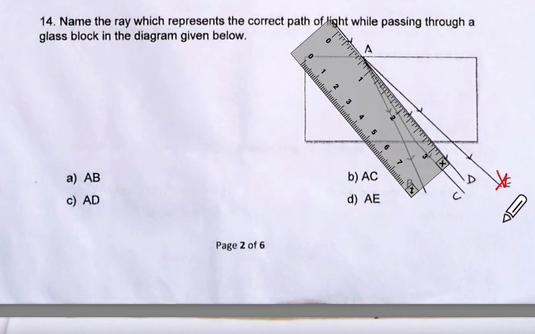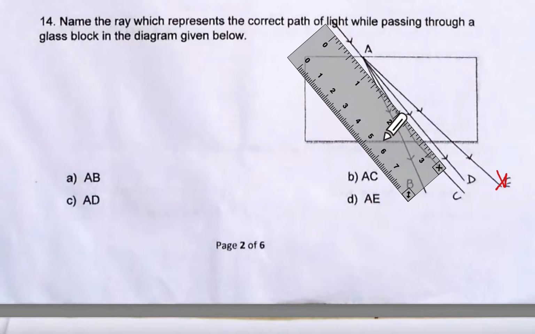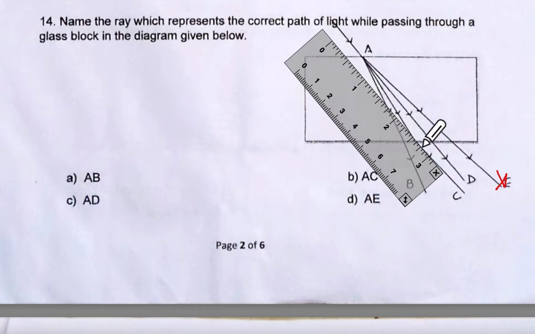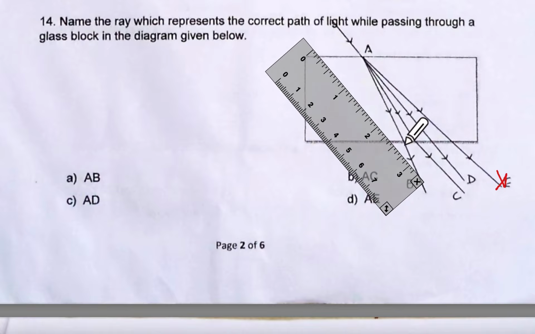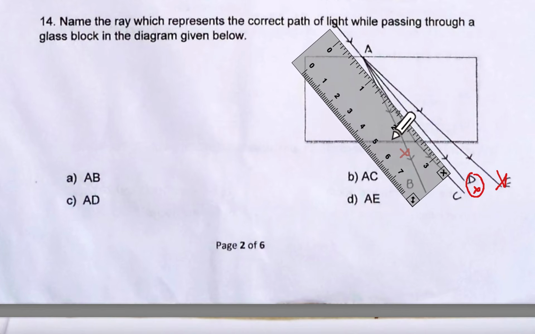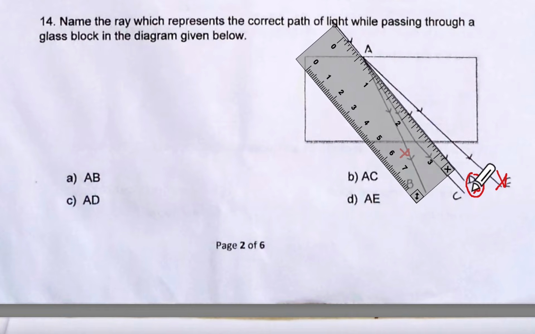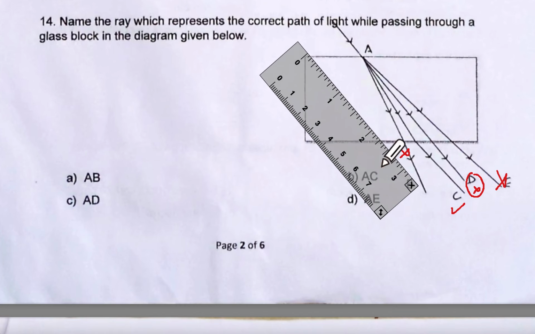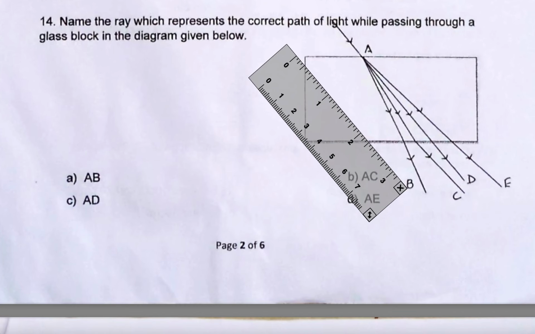So not E. Correct? You're with me? Now remember that if it is going through the glass block, the emergent ray should be parallel. So this looks more like a parallel, but this ray doesn't look like parallel. Can you see that? So not this. Not this, because it cannot go undeviated. See here, it's going undeviated, no? D cannot be. So the correct option will be C. Understood how to think.